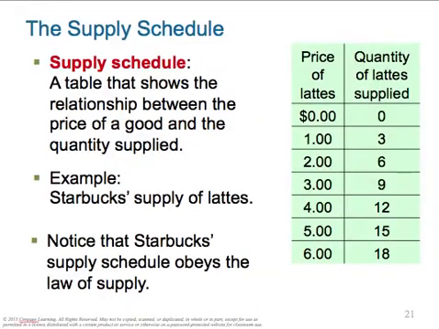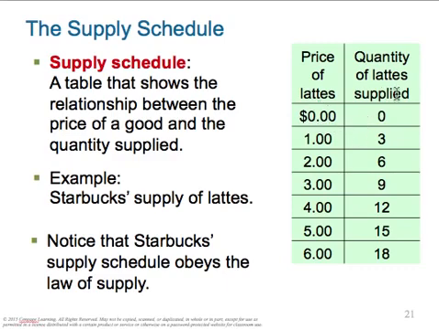So let's take a look at the supply schedule. The supply schedule is a table that shows the relationship between the price of a good and the quantity supplied. Before we talked about Helen and her lattes, now we're talking about Starbucks and their supply of lattes. Notice that Starbucks' supply schedule obeys the law of supply.